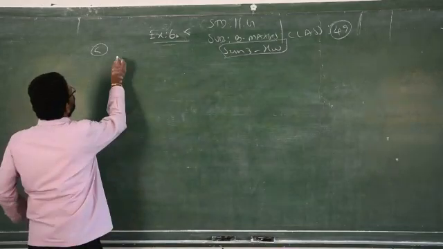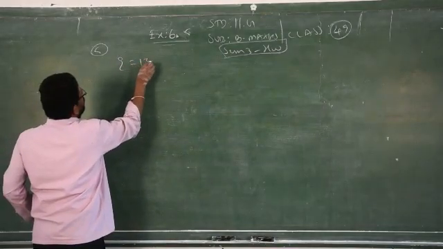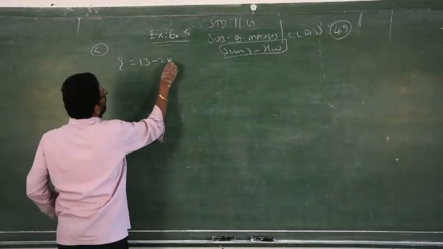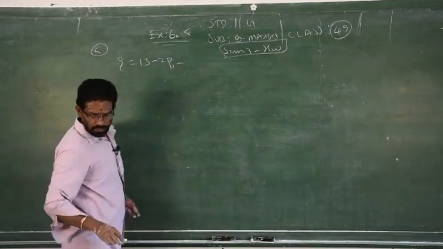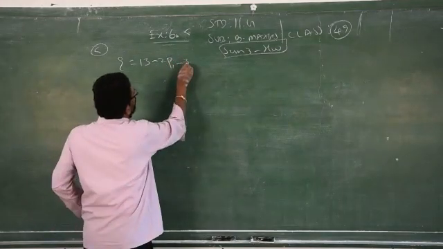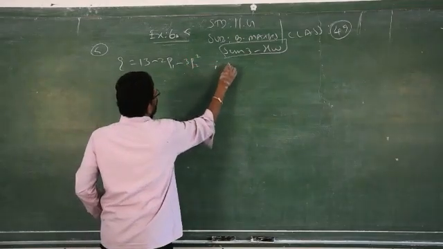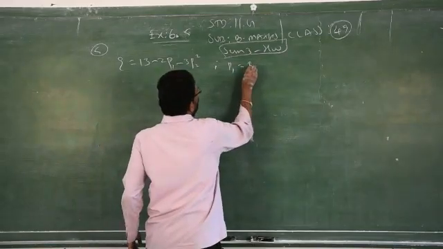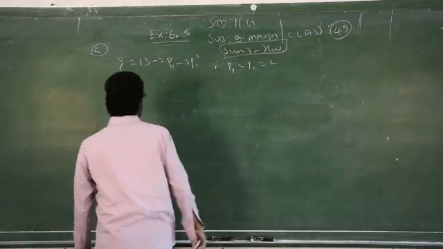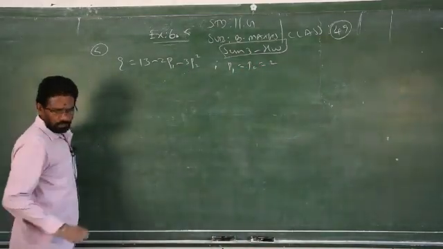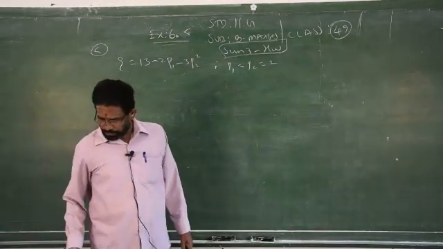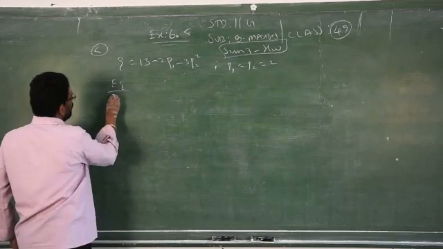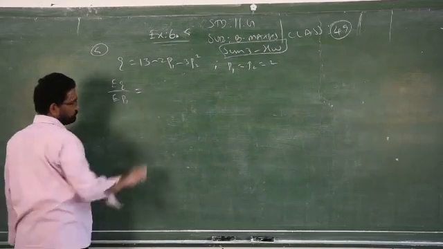Q is equal to 13 minus 2P1 minus 3P2 square. The values of P1 and P2 are given as 2. So first, there is a formula. Find the partial elasticities EQ by EP1.